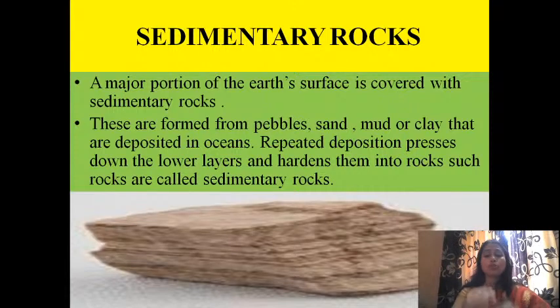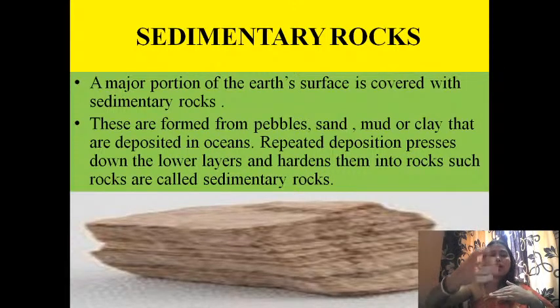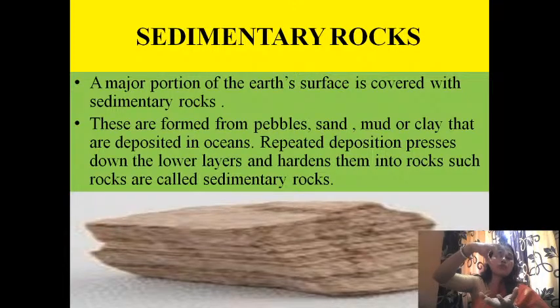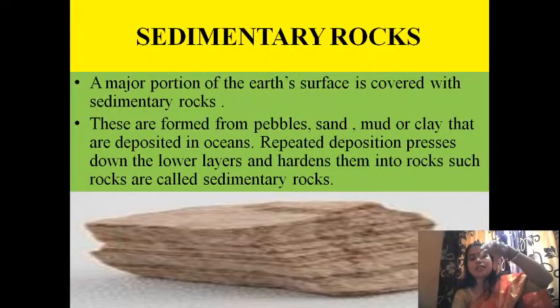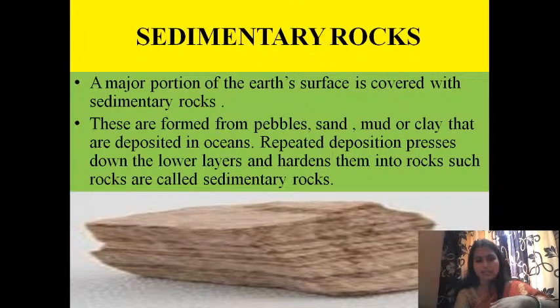So repeated deposition means it deposits once, twice, thrice, like this. Repeated deposition presses down the lower layers. Do you understand? So what is sediment? As you know, when we put some sand in water, after a few minutes we can see the sand as sediment at the bottom of the glass or container, right?